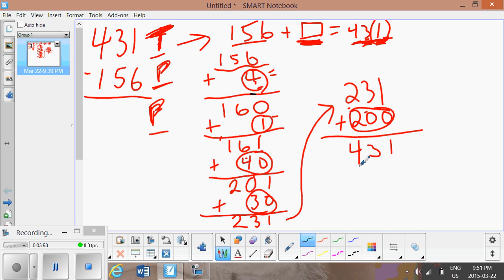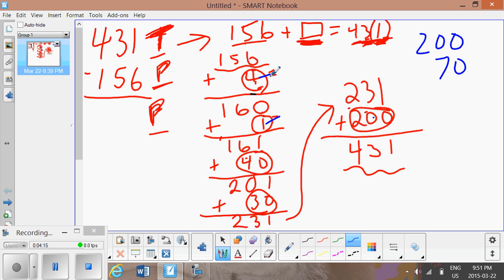Again, circle it. 1 and 0 is 1, 3 and 0 is 3, 2 and 2 are 4. Now, once we have finished getting to our target, and we say, okay, I'm done, I've reached my target, you look at all the numbers that you have added to the 156 to get you to 431. So I've added 200. I have added 30 and 40. You can either write those separately or you can write 70.